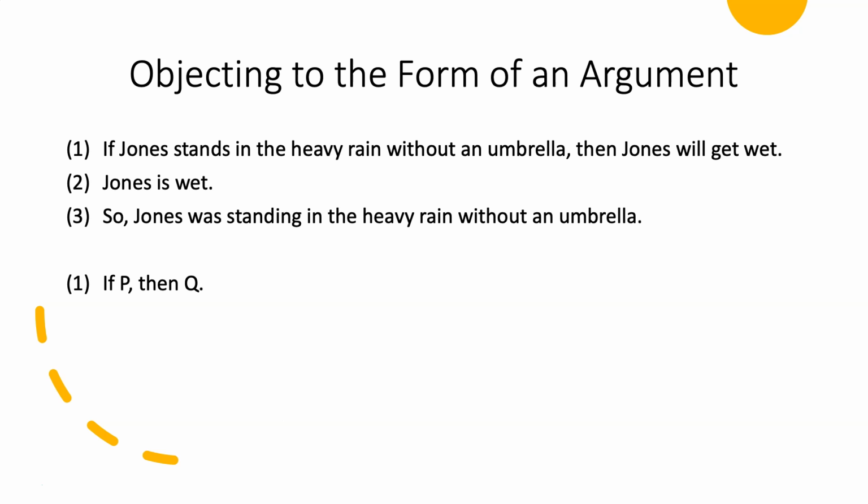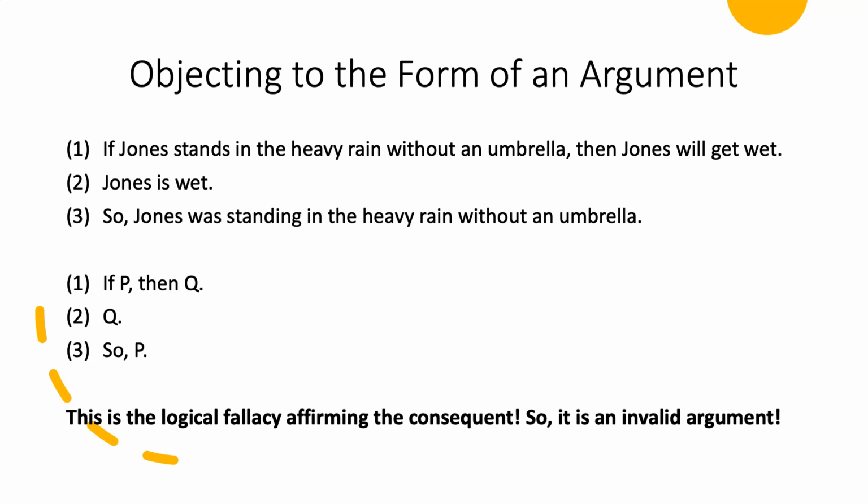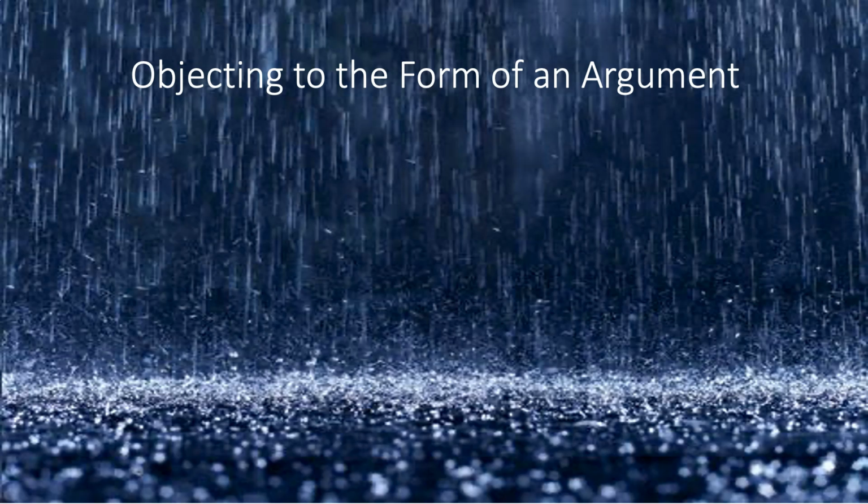If P, then Q. Q, so P. And hopefully we all also remember that this is the logical fallacy of affirming the consequent. So it's an invalid argument. Even though it may seem like the reasoning is good, the reasoning isn't good because the form of the argument doesn't work.